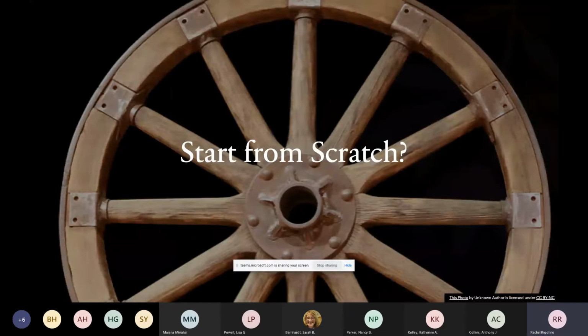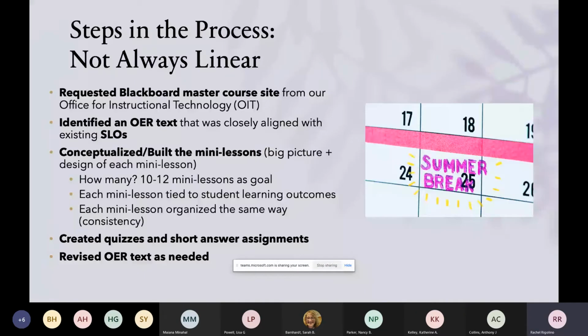So over summer break, I began by requesting this course site for what I was going to be creating. But the big thing was to identify an OER textbook. And there are a lot of composition textbooks and writing textbooks out there. And I began to conceptualize, to be reasonable in terms of the amount of time I had, how many lessons could I create?